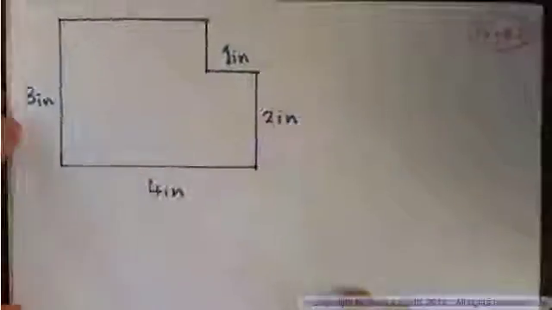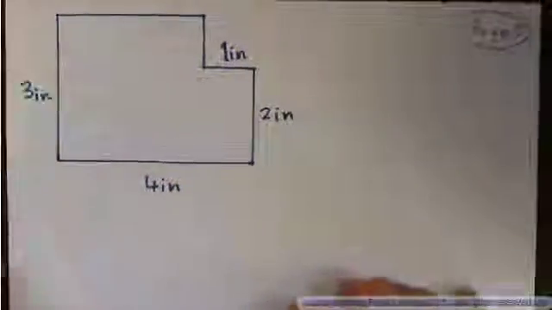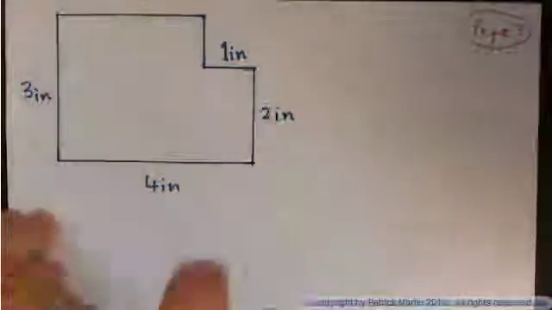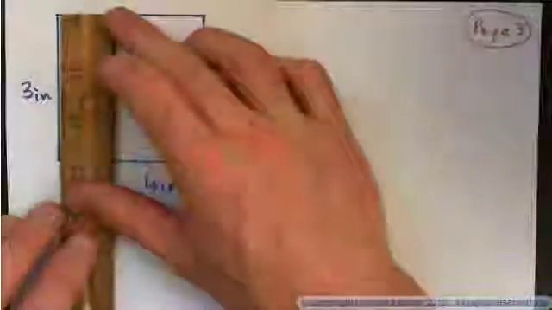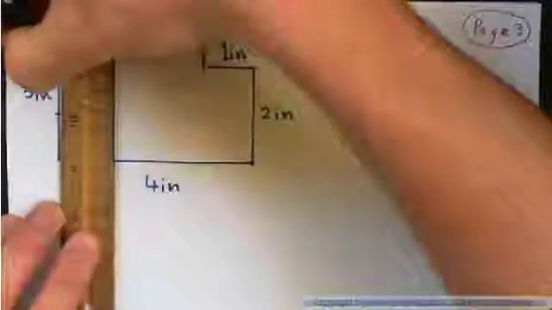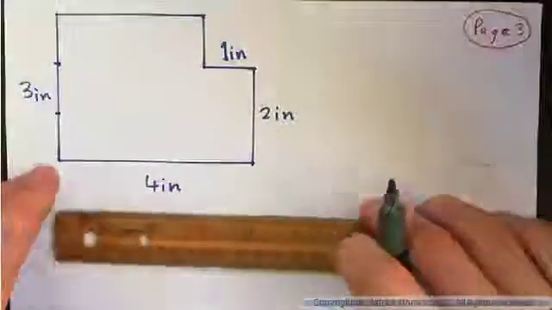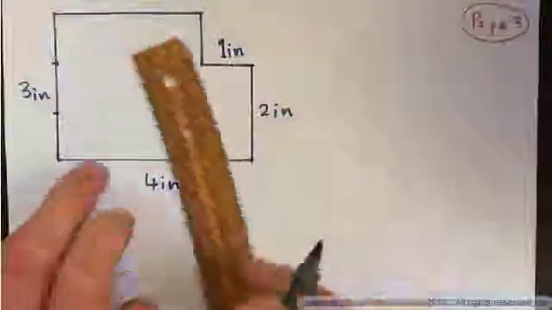Okay. So on page 3, if you had a funny shape like this, let's draw it. It's 3 inches. Press pause if you need more time to draw this guy. 3 inches, and we're going to mark off the inches once again.